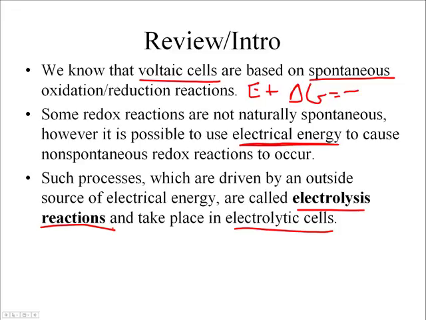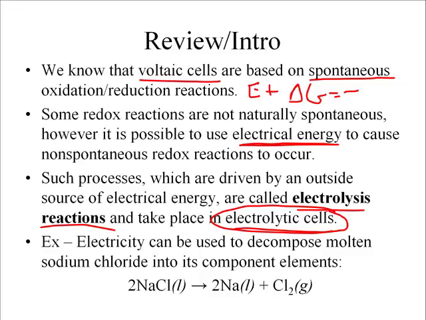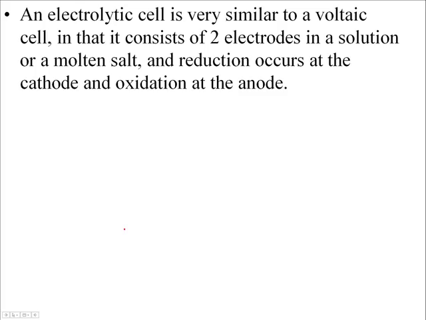They'll usually tell you electricity is passed through a substance, or it will call it an electrolysis reaction, or instead of saying a voltaic cell, it'll use the words in an electrolytic cell, blah, blah, blah. For example, electricity can be used to decompose sodium chloride into its component elements, sodium and chlorine. That is a form of an electrolytic reaction.